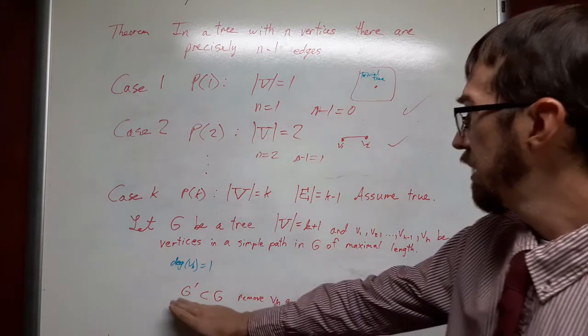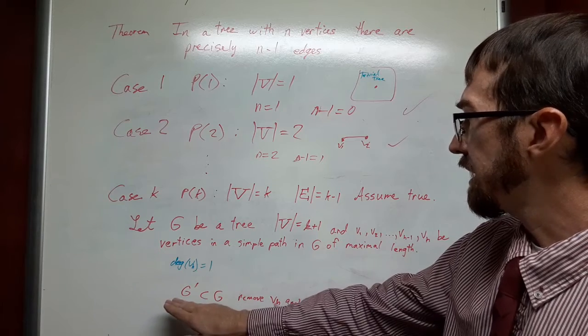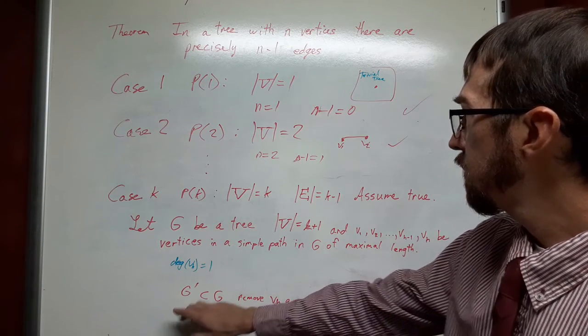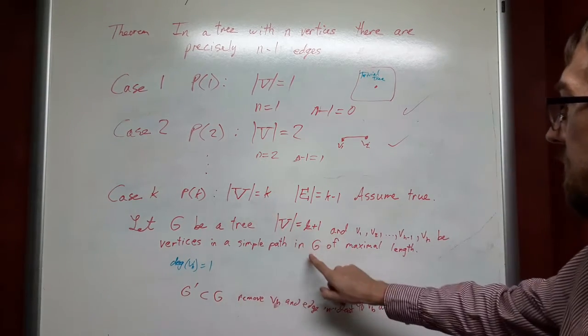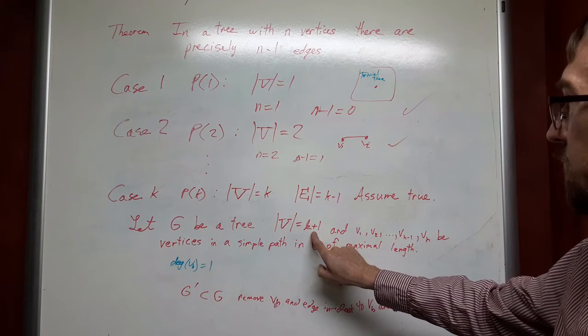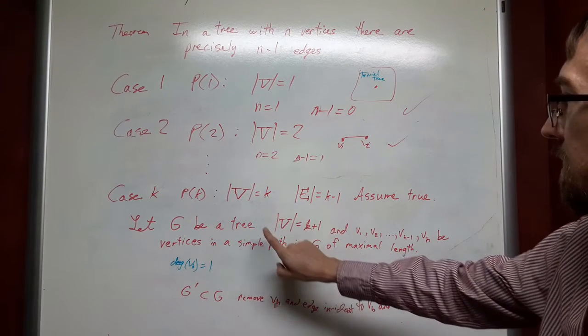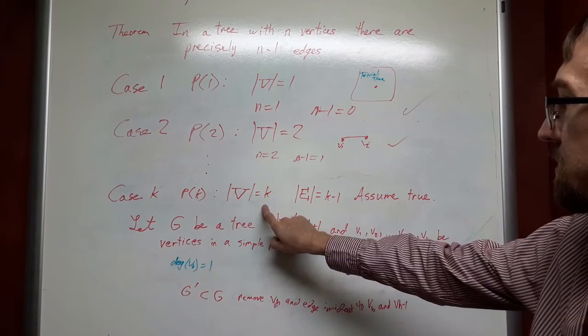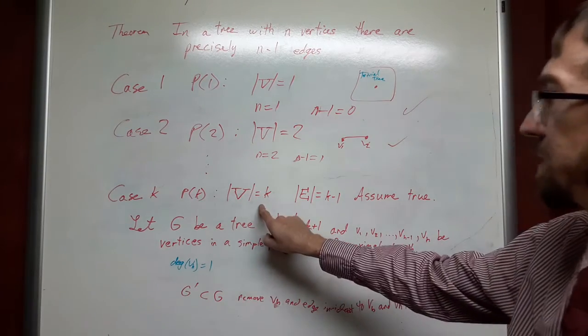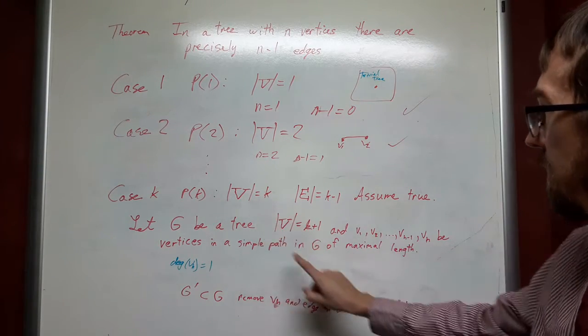But now G prime is a graph with K vertices. G was K plus 1 vertices, and G prime has to be K vertices.